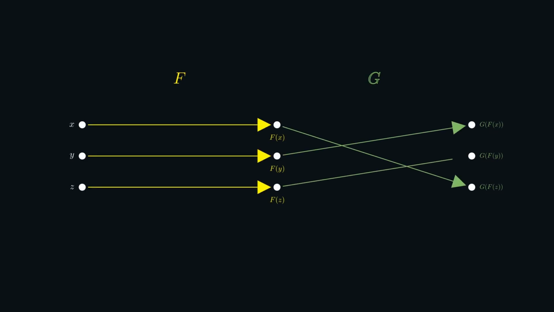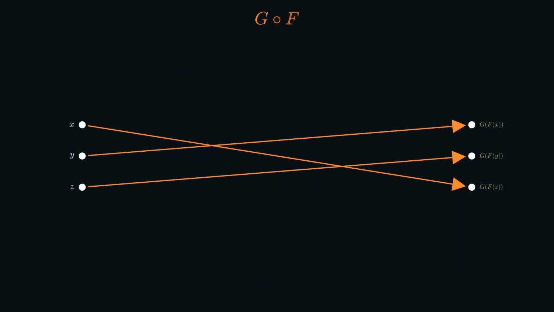I can combine functions. Given two functions f and g, where the range of f is contained in the domain of g, I form the composite function g composed with f, defined by g composed with f of x equals g of f of x. I first apply f, then apply g to the result.